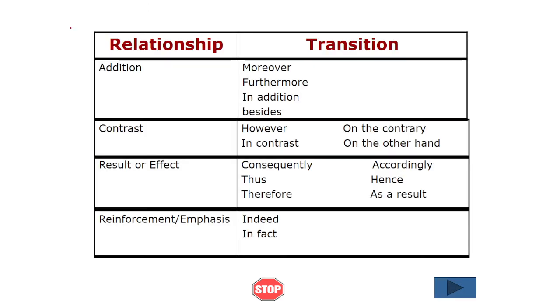So here we have some words that can be used for relationship and addition: moreover, furthermore, in addition, besides. Contrast: however, in contrast, on the contrary, on the other hand. Result or effect: consequently, accordingly, thus, therefore, as a result.